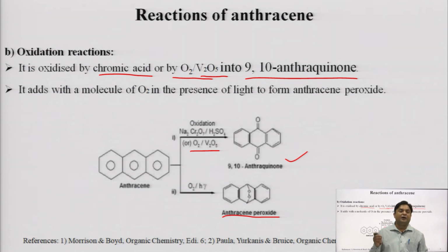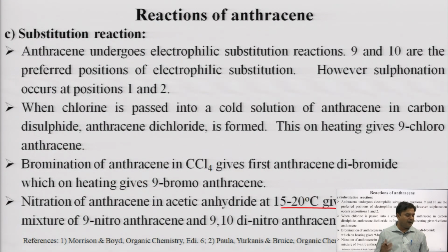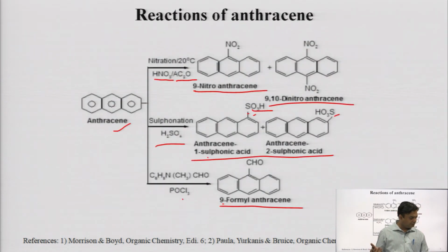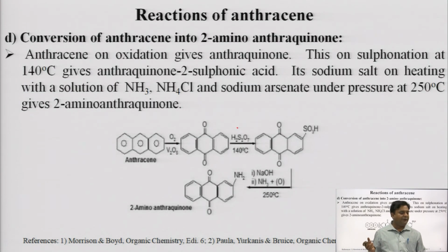First, by reacting with chromic acid, oxygen or V2O5, it gives 9,10 anthraquinone. When it adds a molecule of oxygen in the presence of light, it again gives an oxidized product. In substitution reactions, as I said, sulfonation takes place at the 1 and 2 positions, and nitration takes place simply at the 9 position or 9-10 position.